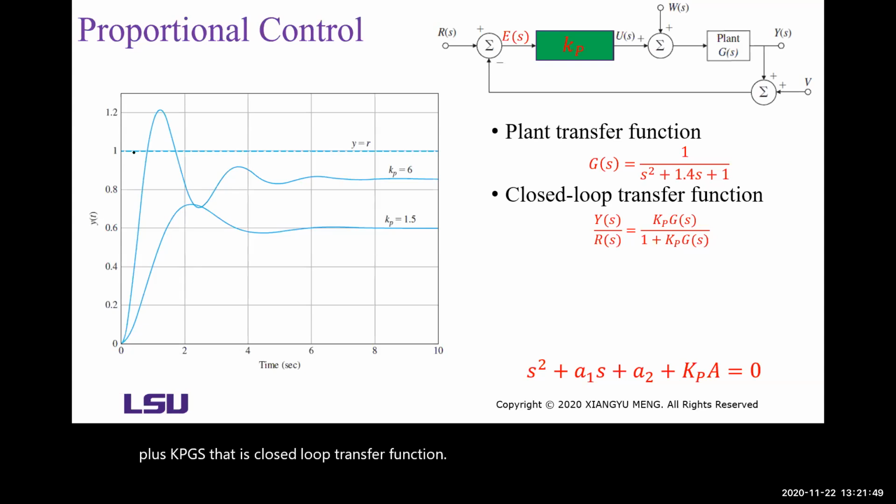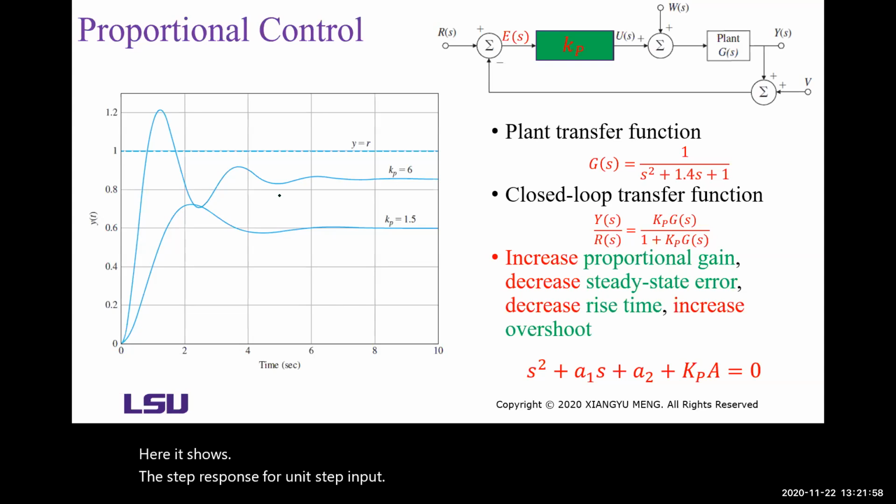Here it shows the step response for unit step input. We can see that when we increase the proportional gain from 1.5 to 6, the steady state error is decreased.